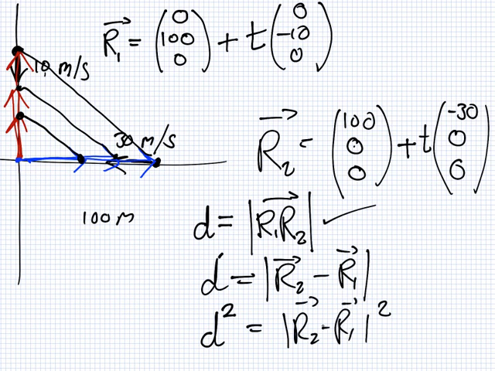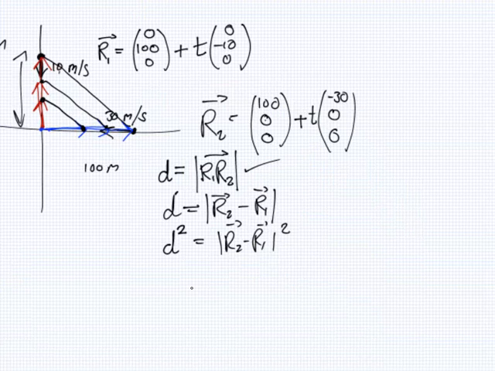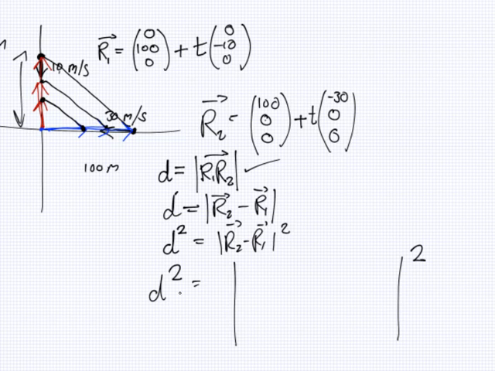Well, first let's get this R2 minus R1. So that's the magnitude. R2 minus R1. So that would be 100 minus 100, which is 0, and when I minus these, I get t minus 30t, 10, 0.